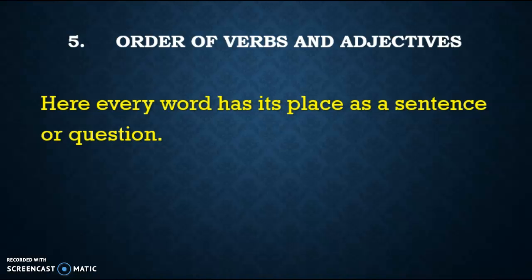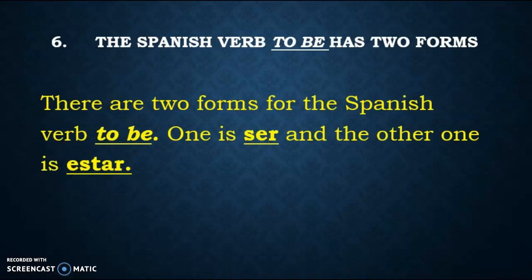The next one is the Spanish verb to be has two forms. There are two forms for the Spanish verb to be. One is ser and the other one is estar. Each is used differently. When you talk about lasting or permanent attributes, you use ser.